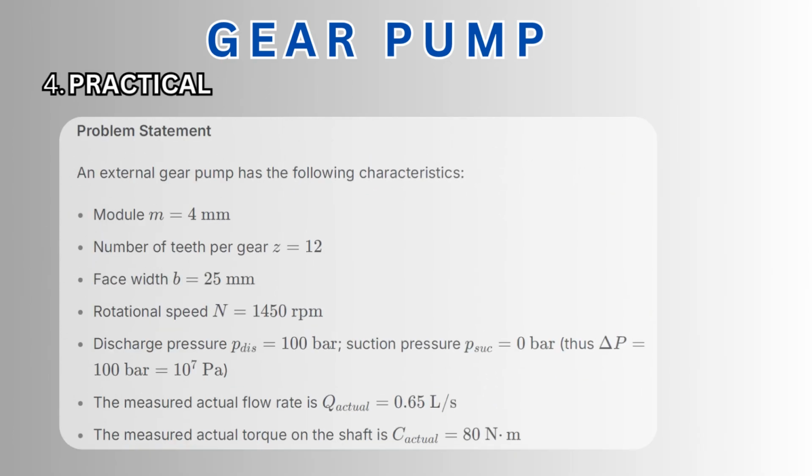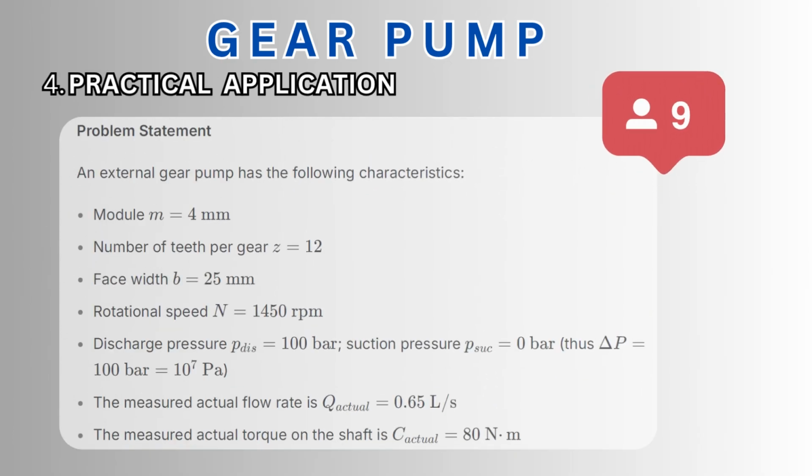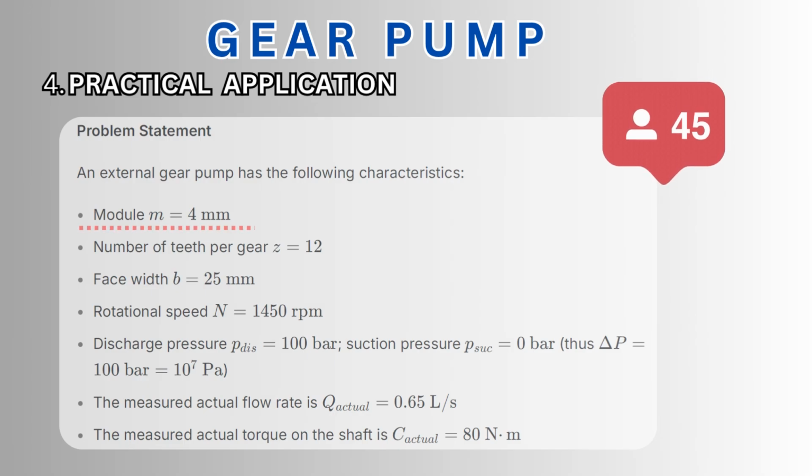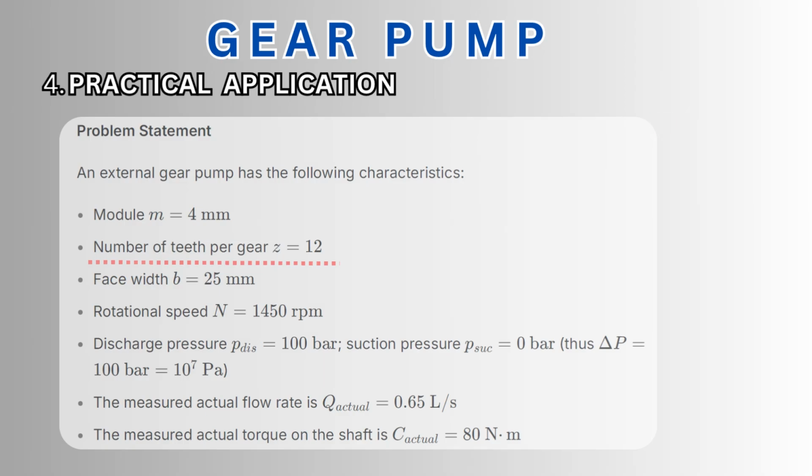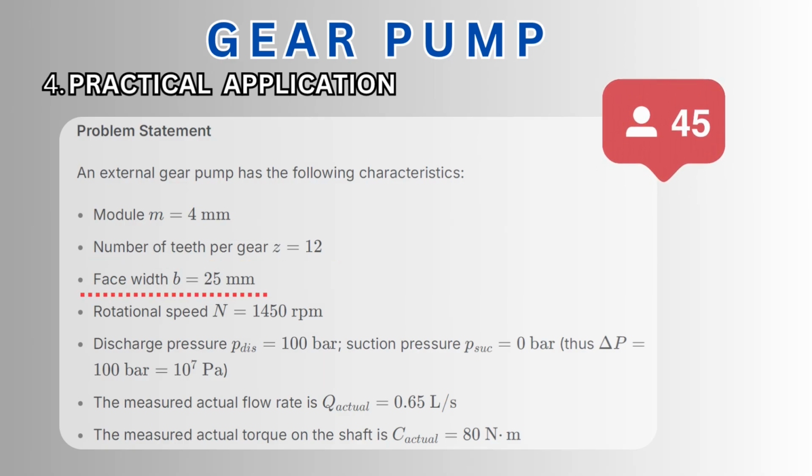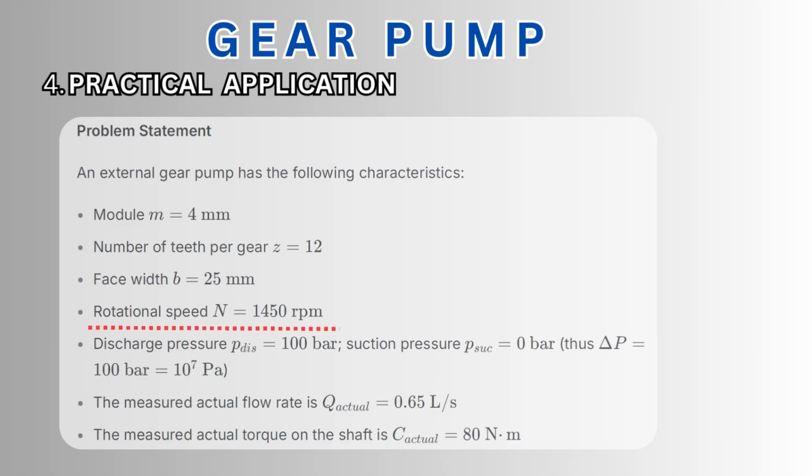Let's begin our application. Problem statement. An external gear pump has the following characteristics. Module, M equals 4 mm. Number of teeth per gear, Z equals 12. Face width, B equals 25 mm. Rotational speed, N equals 1450 revolutions per minute.